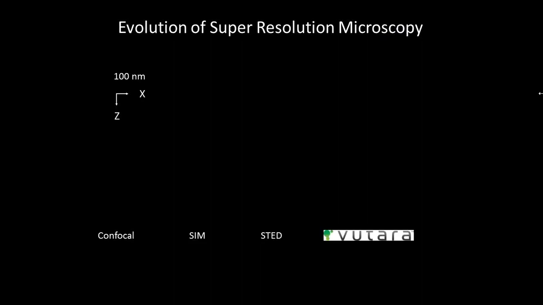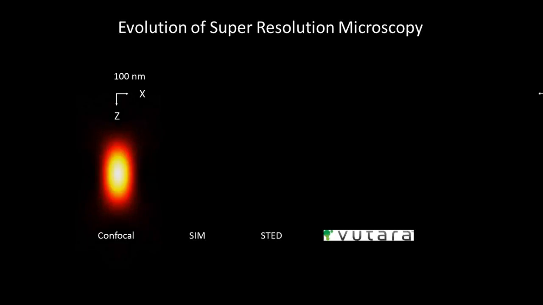So briefly, why did super resolution microscopy evolve? For the longest time, confocal microscopy has been the standard for doing biological imaging, and there are several good reasons for that. It's very easy to use.